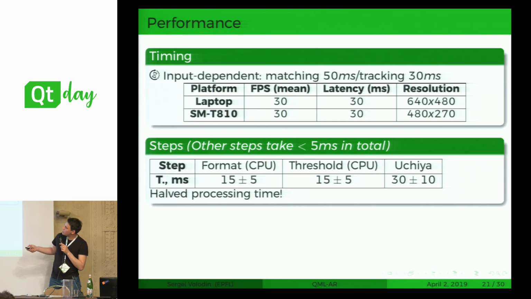Here we have color thresholding. If they're done on a CPU, it takes 15 milliseconds for each. And this is the name of the author of the marker detector library, and it only takes the same time as those two combined. So by offloading these to a GPU, we saved half of the processing time, which is quite a lot.